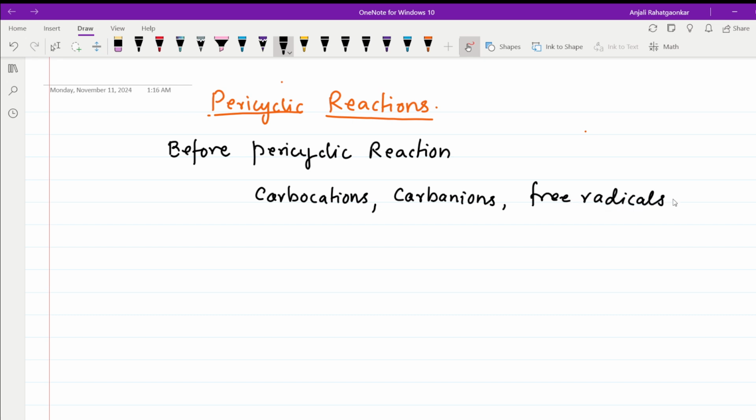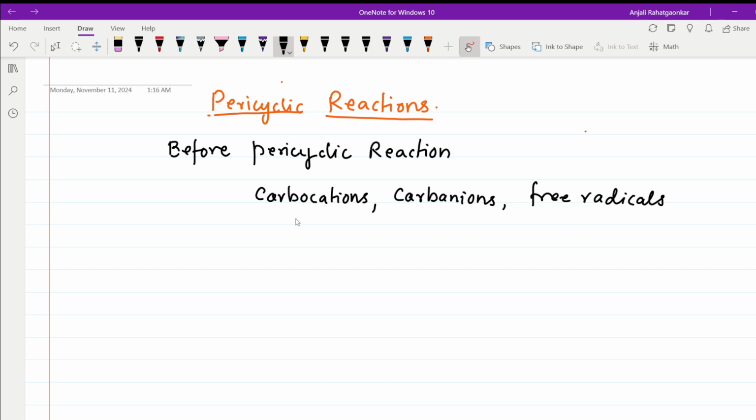All these reaction mechanisms have many steps: initiation, propagation and termination. For initiation we use various catalysts and reagents, and then we form carbocations, carbanions and free radicals as intermediates. Then we can achieve the formation of the product.